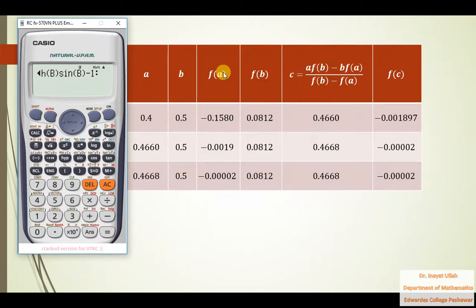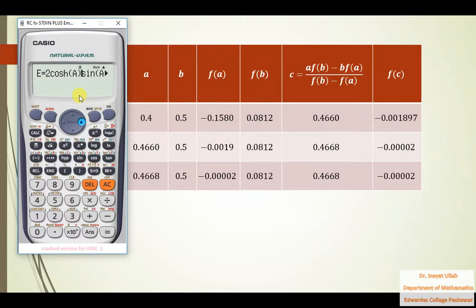We see f of A in this calculator we have written here. So if you want to denote this f of A by some symbol, say E or F, whatever you want. For example, if you denote this first one by E, then E equals 2, so f of A is denoted by E in our calculator.